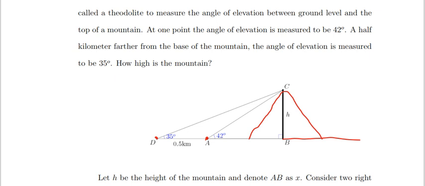We call this angle the angle of elevation. This angle is 35 degrees. And we can easily measure the distance between those two points, which is 0.5 kilometers.